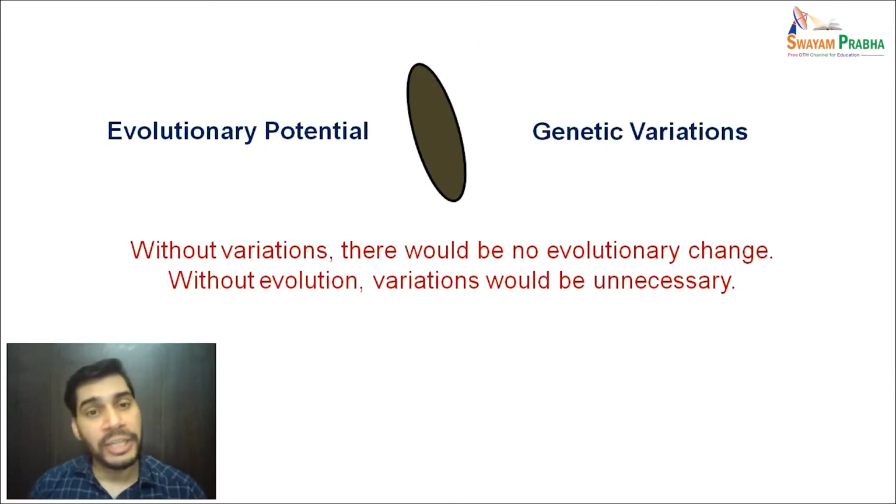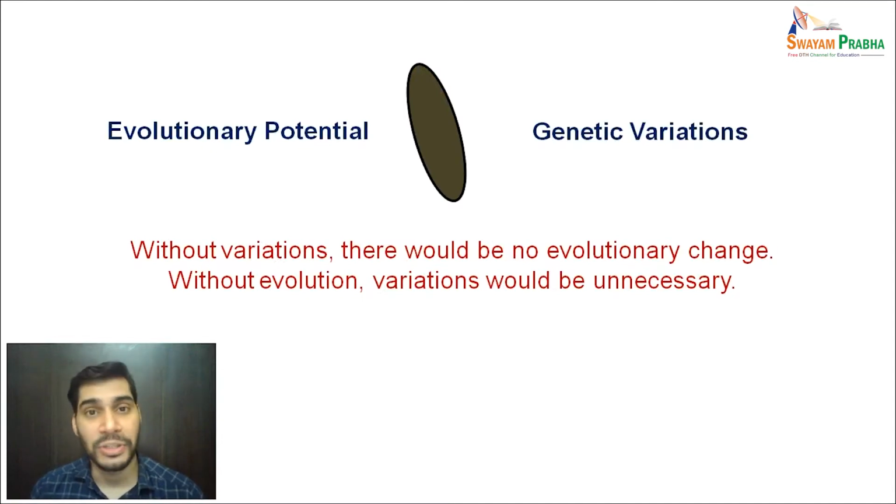The evolutionary potential and genetic variations are nothing but two sides of the same coin. Why we are saying so is because without variations, there would be no evolutionary change. Just assume a population where everybody is the same. So where will natural selection operate? Where will evolution take place?